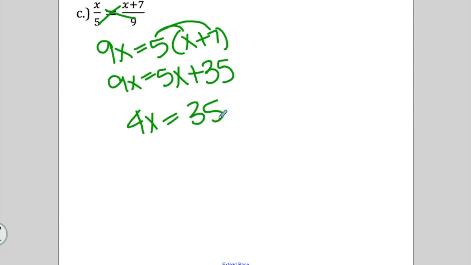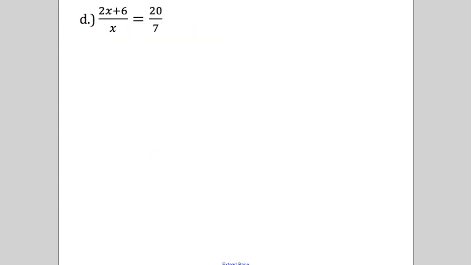Again, 4 does not go into 35 evenly here, and 35 divided by 4 is 8.75. So setting up proportions is a nice strategy, and using cross products is an advantage.